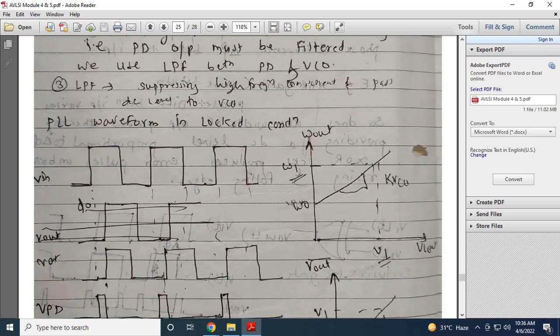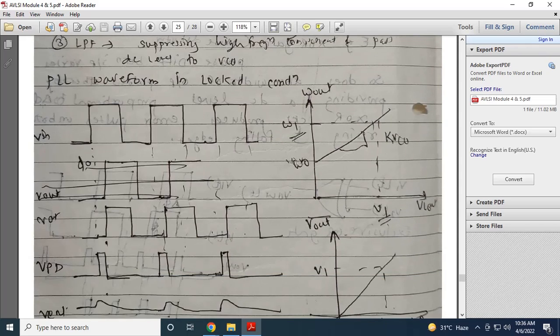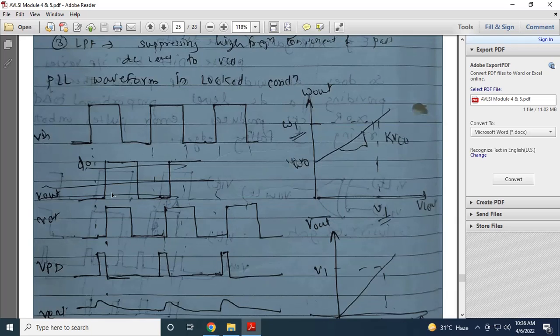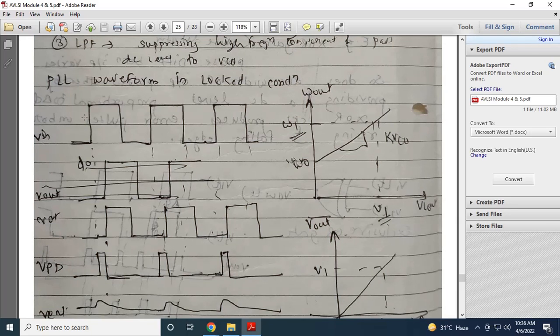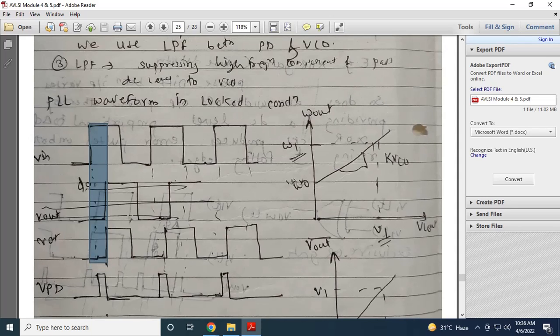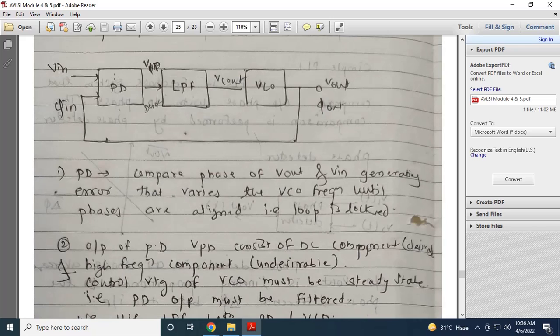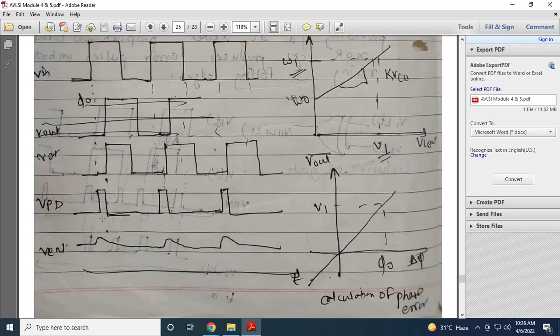Now see the PLL waveform in a lock condition. This is the input signal, this is the output signal. If you see this input and output, there is a phase difference here, okay, that is detected by the phase detector of the phase lock loop. So this is the output of the phase detector. It will detect this phase difference.